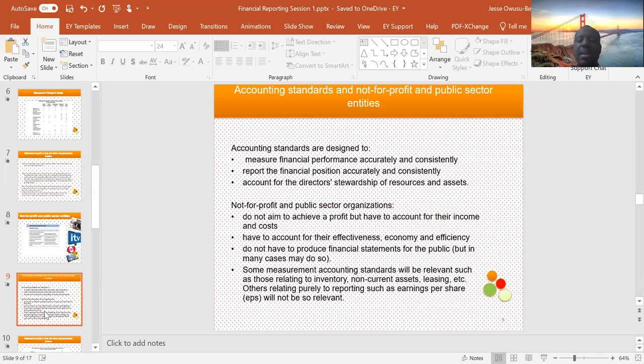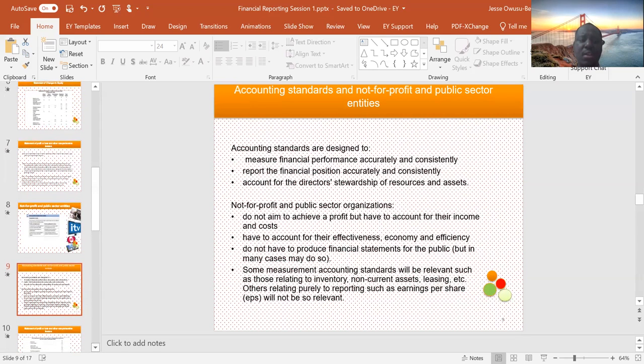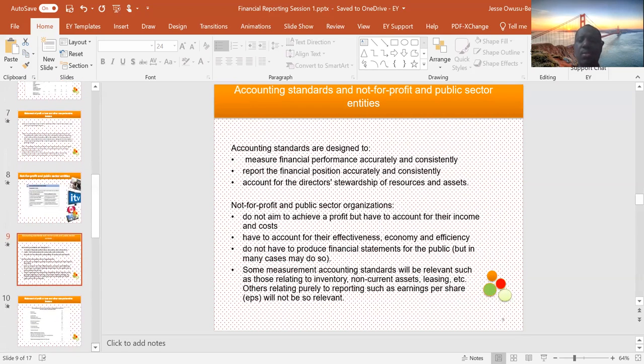And some measurement accounting standards will be relevant, such as those relating to inventory, non-current assets, leasing, etc. So this is a gist about accounting standards and how it relates to non-profit and public sector entities. Very, very important to understand.